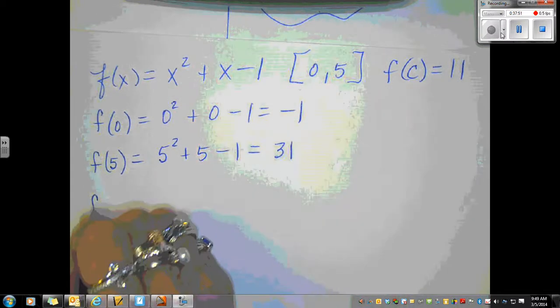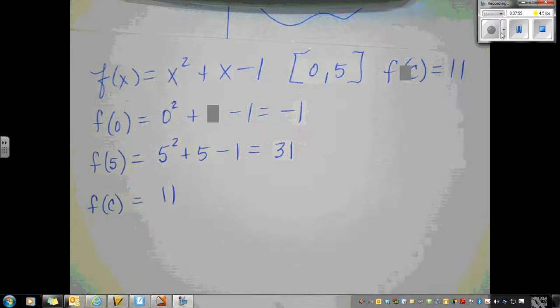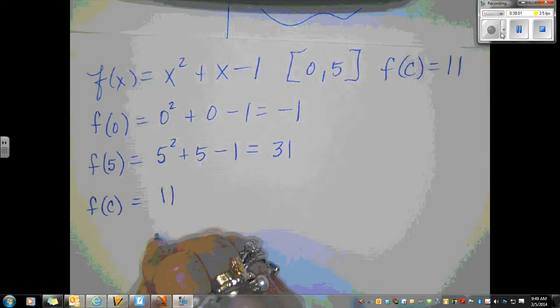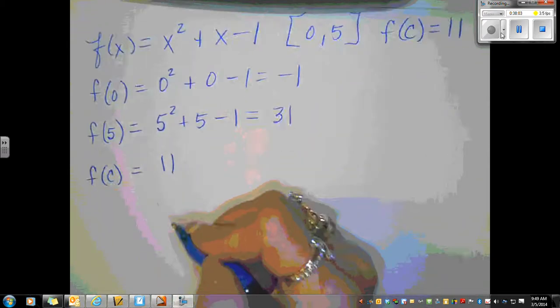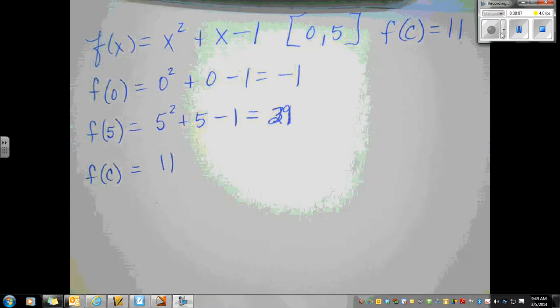Okay, now, f of c equals 11. So what does that mean? That means that... 29? Okay. I added instead of subtracted. I wasn't interested in that.